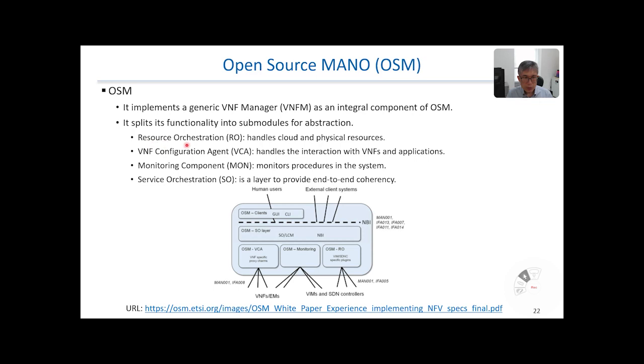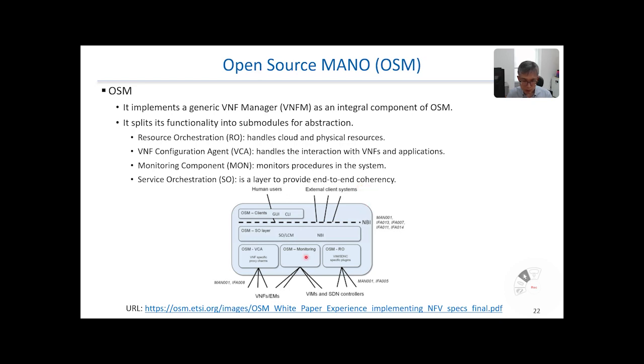The resource orchestration, RO, handles the cloud and the physical resources, and the VNF configuration agent, the VCA, handles the interaction with NFs and the applications. And the monitoring component, MON, monitors the procedures in the system, and service orchestration, SO, is a layer to provide end-to-end coherency.